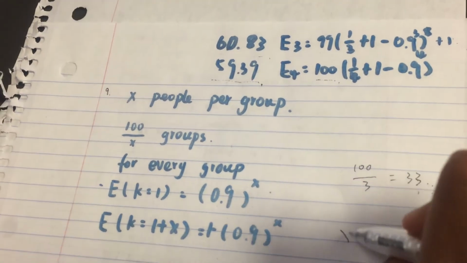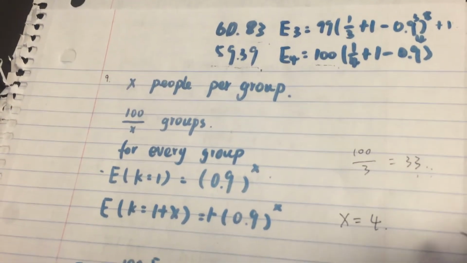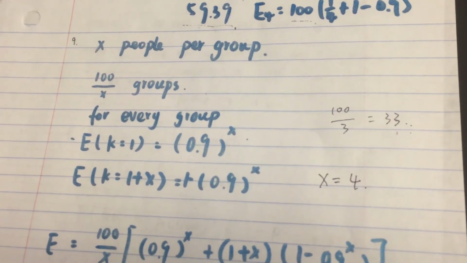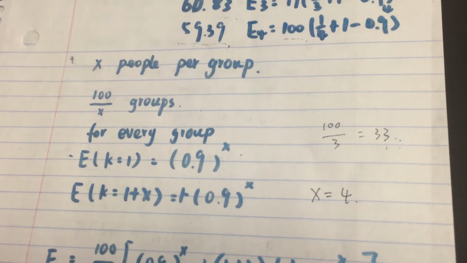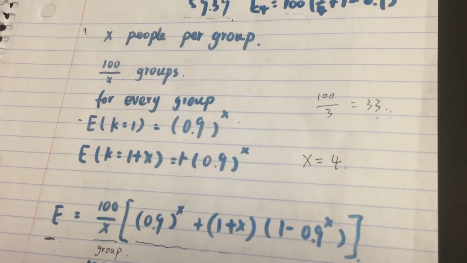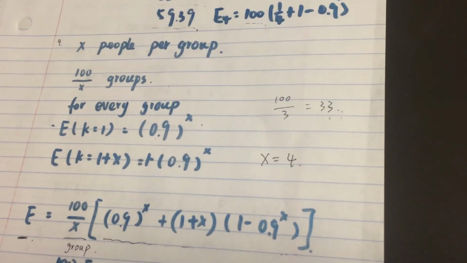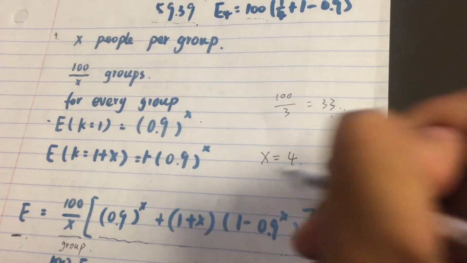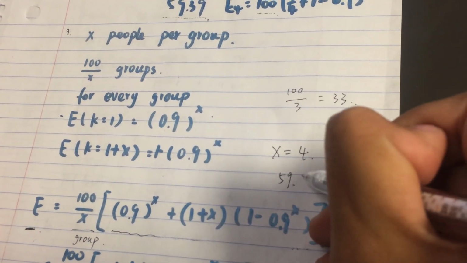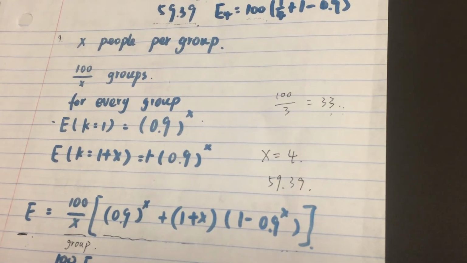So we can see that when x equals 4, it will take the minimum number of average tests to get the result, and the minimum number is 59.39, and that's all. Thank you.